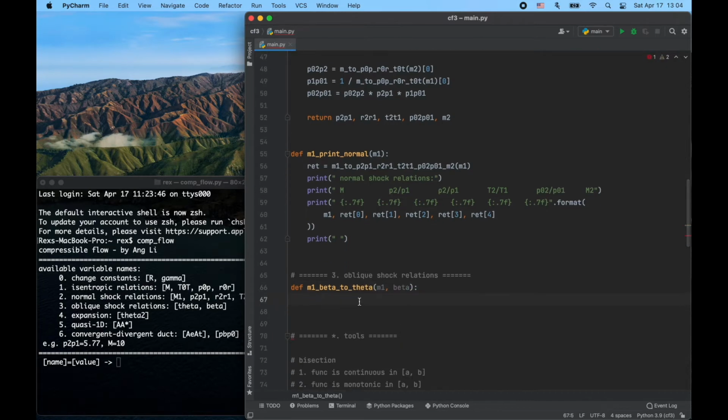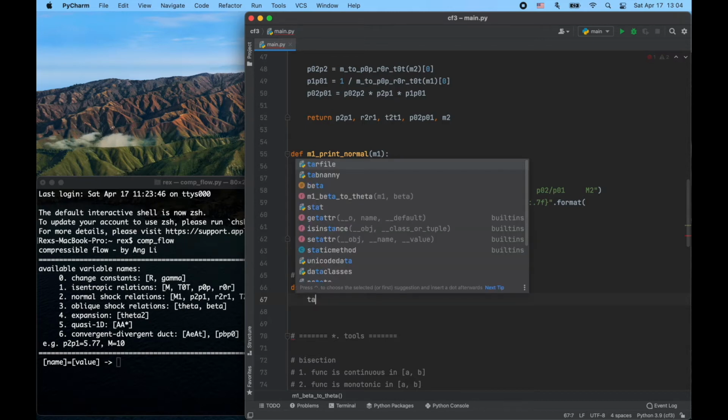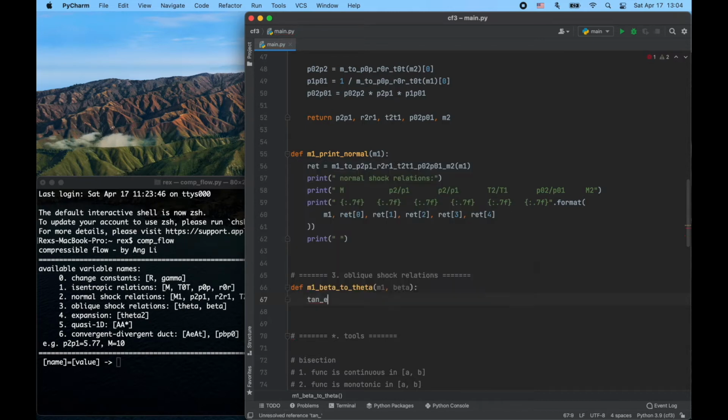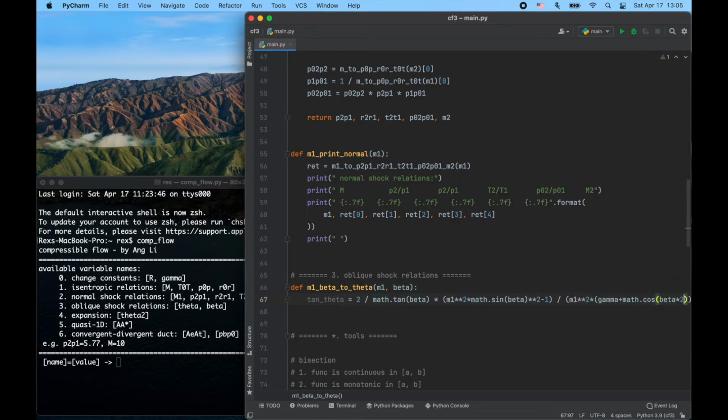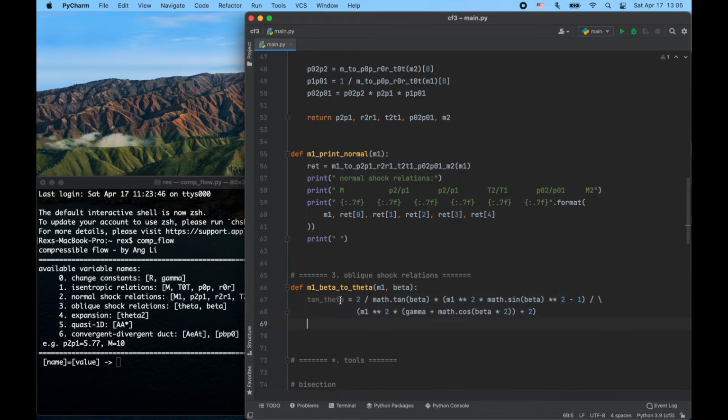According to the equation in the textbook, it's going to be tangent theta. Because this value is tangent theta, we have to use arctangent to get the true value of theta. Therefore, return math.atan of tangent theta. Okay, let's give this value a try.